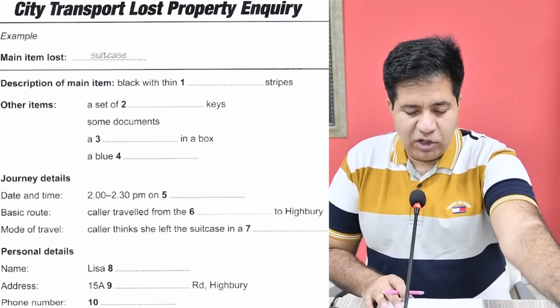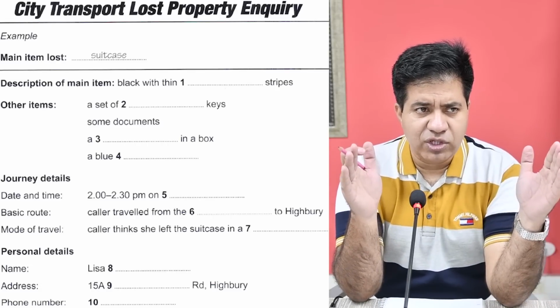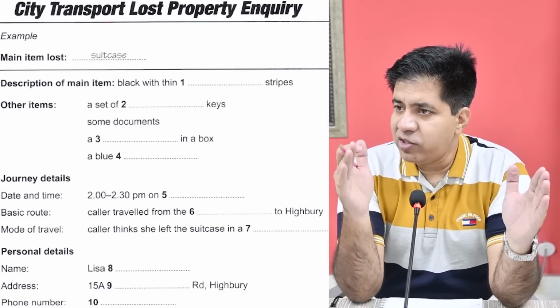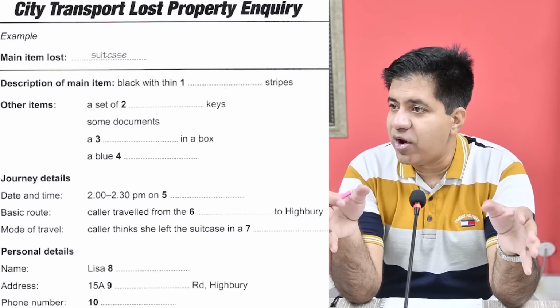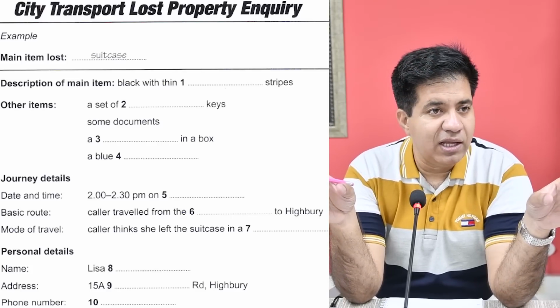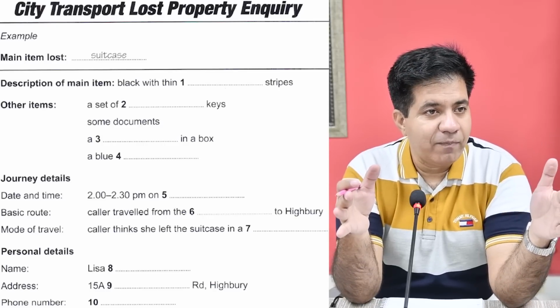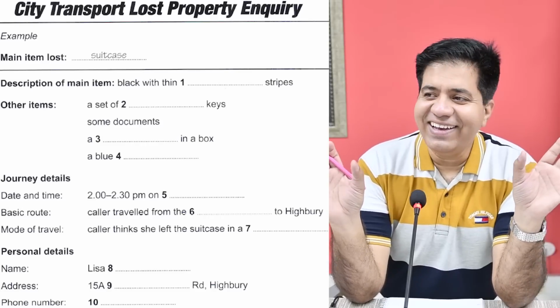City transport lost property inquiry. When you say city transport, lost property inquiry: if in the bus, subway or train you lose something, most definitely they have a department. In our countries, you'll not find it.